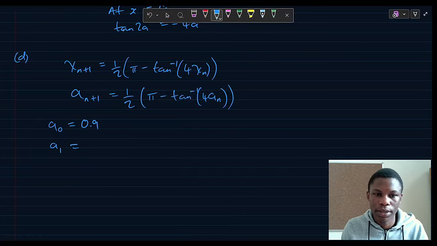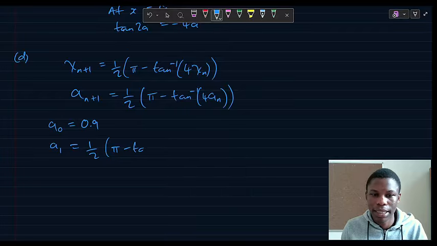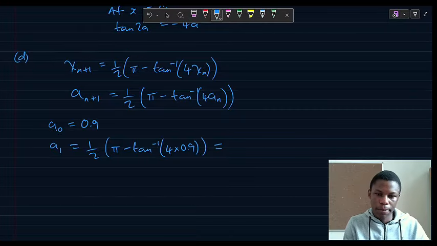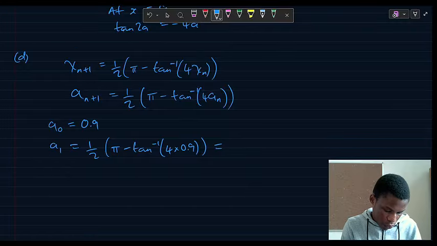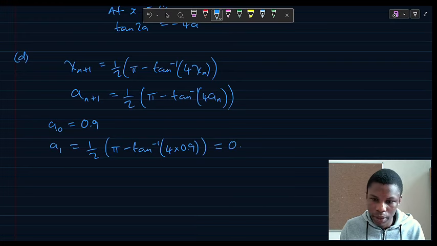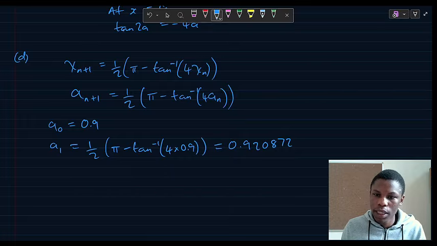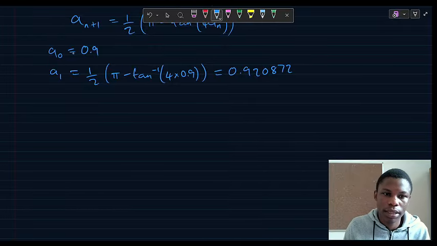So a1 is going to be equal to half times pi minus arctan of 4 times a0, so 4 times 0.9. This is 1 over 2 times pi minus arctan of 4 times 0.9, and that gives us 0.920872 to 6 decimal places.